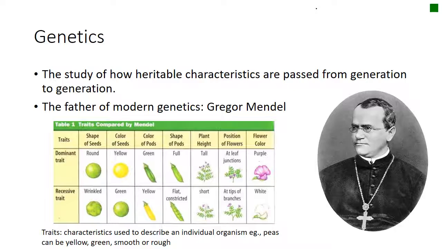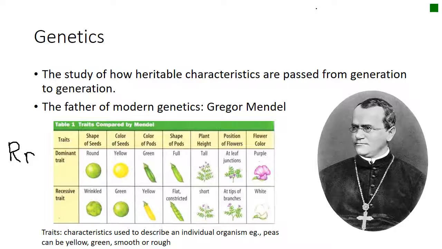So if we just look at round versus wrinkled, you could represent those alleles this way. You could choose a letter R because that makes sense. R is for round. But because we're showing the same gene, it's a different allele, and it's a recessive allele. In other words, that allele is not going to be dominant. You can express that allele using the same letter, but the lowercase version of it.